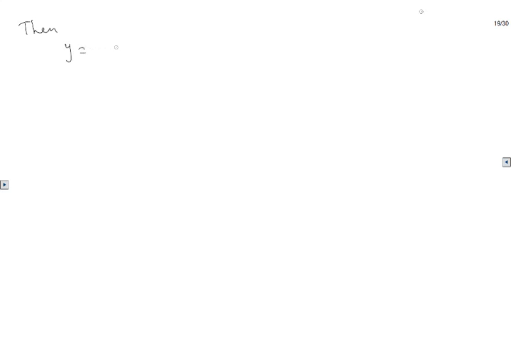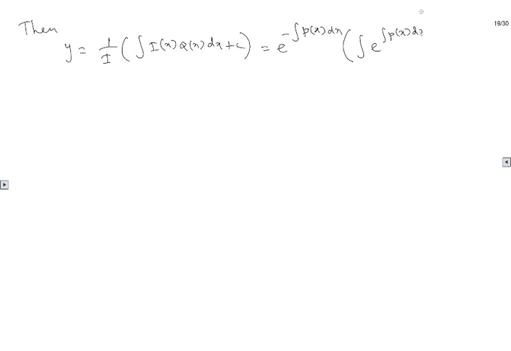So y equals 1 over I, bracket, integral of I(x) Q(x) dx plus C. If you plug it in there, this is I, but it's 1 over, so you go to the top, so it's going to be e to the negative integral of P(x) dx, and then inside the bracket the integral of e to the integral of P(x) dx, and then here we have Q(x) dx plus C. See, there are 2 dx here: 1 dx for the top, 1 dx for the bottom, and that's what you get.